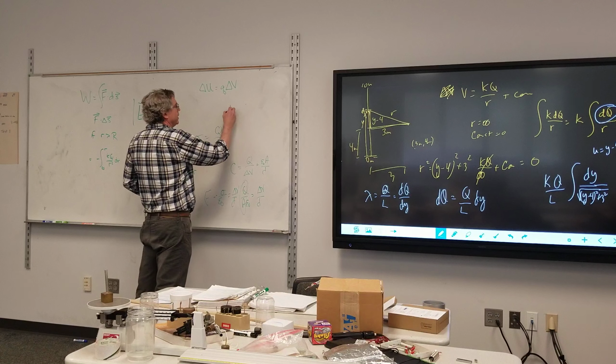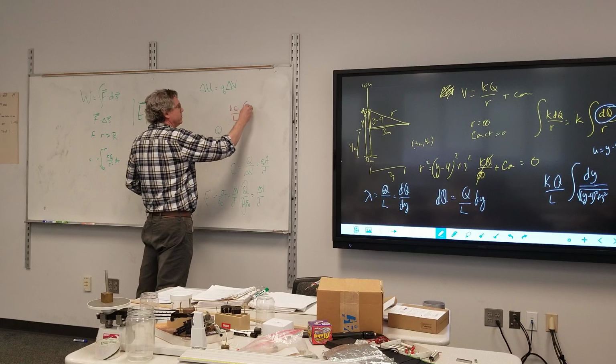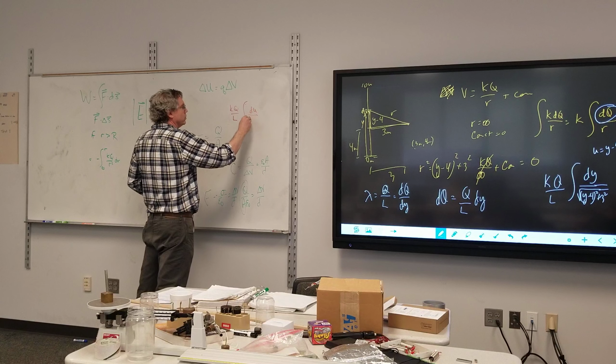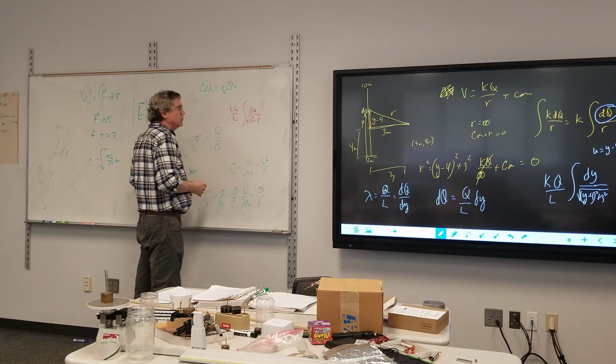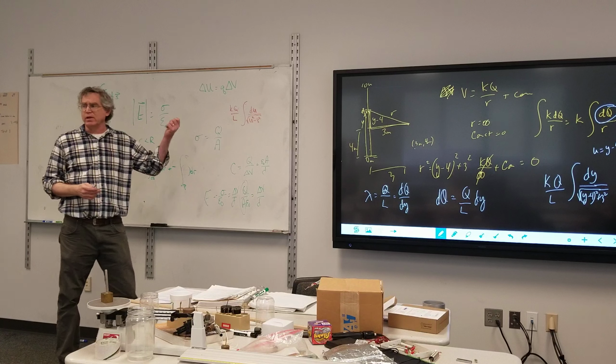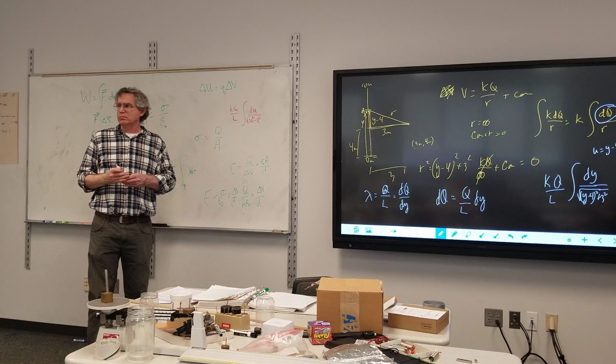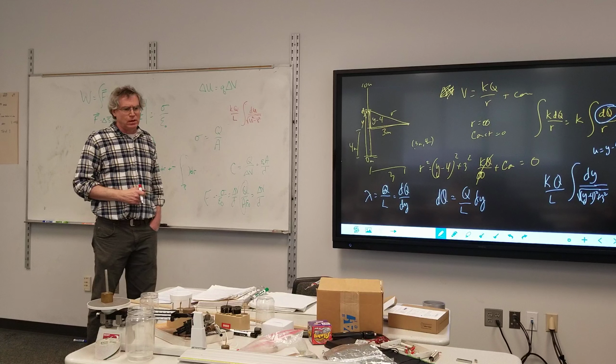We'd end up with kQ over L times the integral of du over the square root of u squared plus 3 squared. That's something that would be on one of the tables.